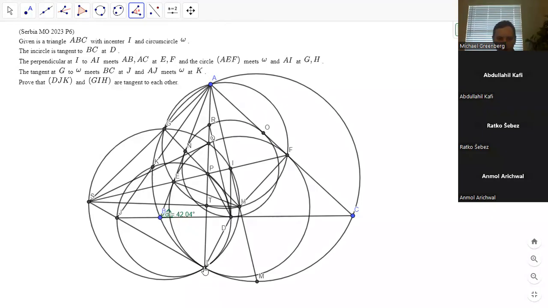So that's 42.04. This looks a little bigger than that, but let's check it. Yeah, so they're not similar. PDB, maybe it's similar to some other triangle. Let's see, what was this angle again? This was 42.04.